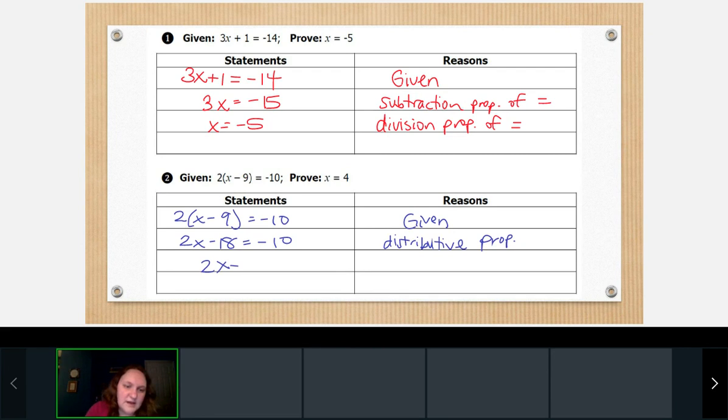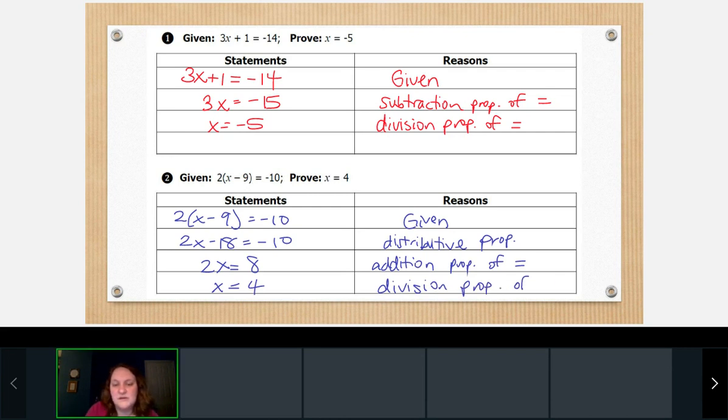So now it says 2x equals 8. Okay, that's the addition property. I added 18 to both sides. And the very last step, get that x by itself. Divide both sides by 2.